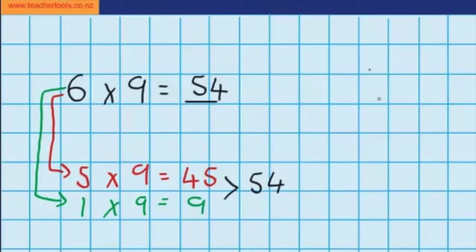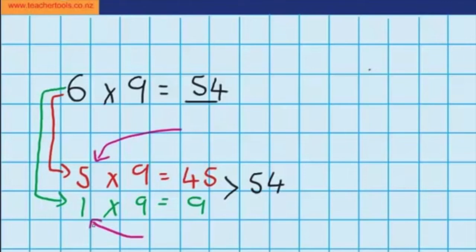So let's have a think about the important things to remember in this lesson. In this lesson I'm trying to use my 5 times tables to help me work out more difficult questions. So my first step is to work out what 5 groups will be. And then my second step is to work out the rest of the groups.